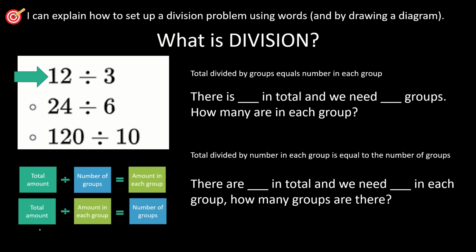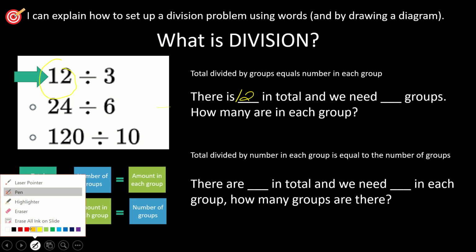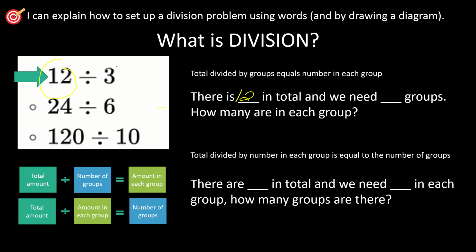So I'm going to go ahead and say, okay, well, we know that there is a total of 12 over here, okay? And then we also know that there is 3, we're dividing by 3, and in this situation, we're dividing by 3 groups. So that's going to help us figure out how many are in each group.